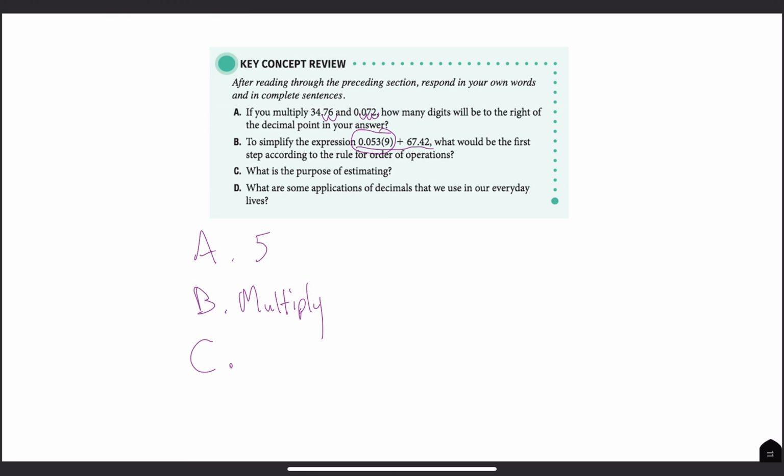C. What is the purpose of estimating? Estimating is useful so that you can get a ballpark and spot errors. Because if you get an answer that's way different than your estimate, then chances are that you made a mistake somewhere.